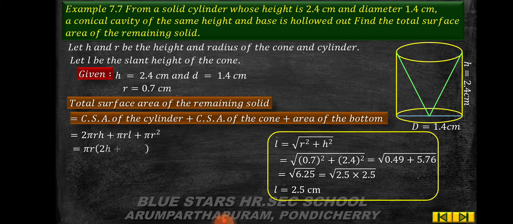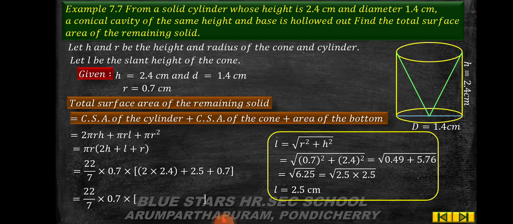So substitute those values in the formula. Just taking pi r common out. So pi r into 2h plus L plus r, which is equal to 22 by 7 into r is 0.7 into 2 into 2.4 plus 2.5 plus 0.7, which is equal to 22 by 7 into 0.7 into 4.8 plus 2.5 plus 0.7.